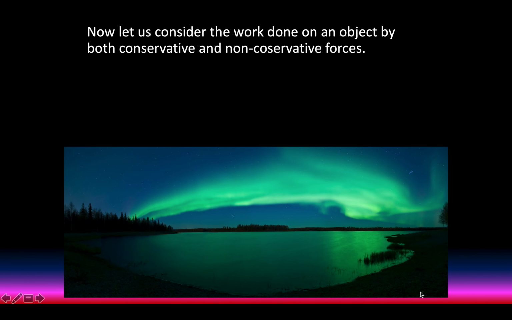Let us now allow for the possibility that there are both conservative forces and non-conservative forces acting on an object. The work kinetic energy theorem tells us that the total work done, the work done by all the forces acting on an object, is equal to the change in that object's kinetic energy. If I want, I could think of the total work done as the work done by all the conservative forces plus the work done by all the non-conservative forces.